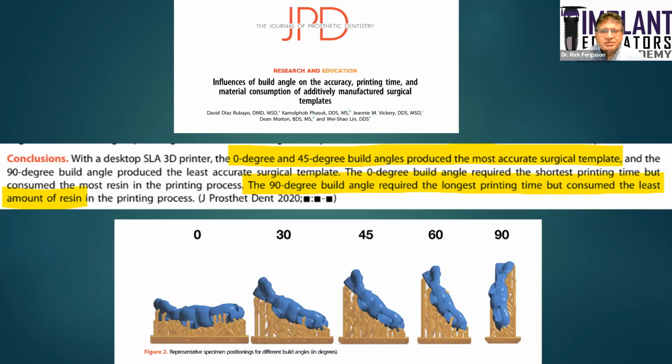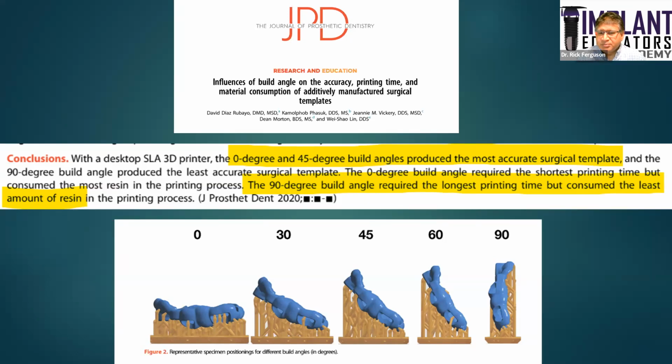Now, one thing to keep in mind, since we are still printing models, is the angulation of the prints. If you look at the recent study from the Journal of Prosthetic Dentistry, they talk about desktop SLA printers, and it's the same thing for DLP printers, pretty much, in my experience: when you print flat or at 45 degrees, you get the most accurate surgical guides. And this holds true for models I found as well.